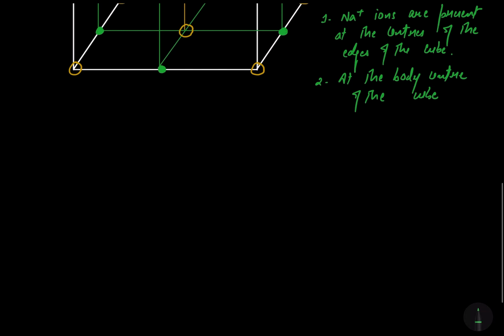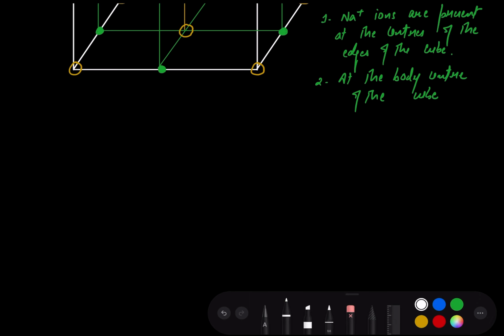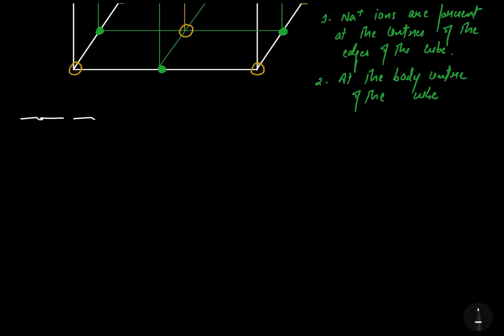Now let's talk about the factors on which the lattice energy depends. First of all, let's apply Coulomb's law over here. Coulomb's law tells about the force of attraction or repulsion between two charges.